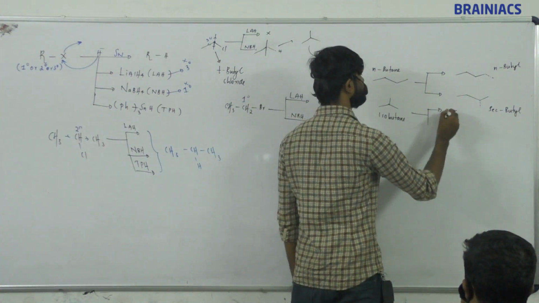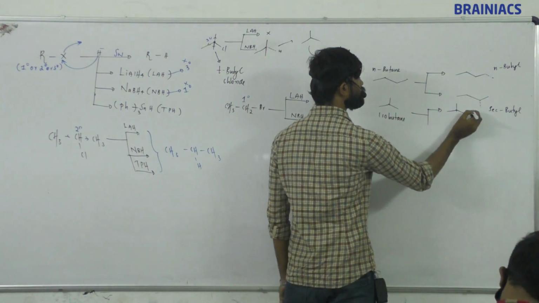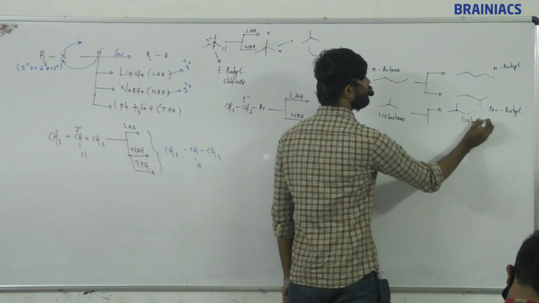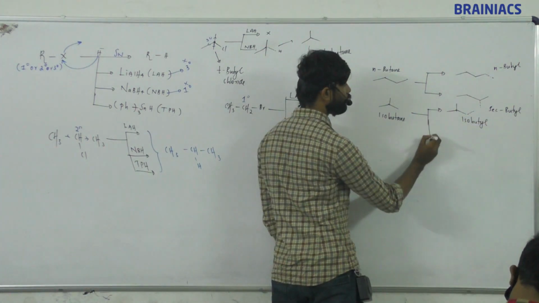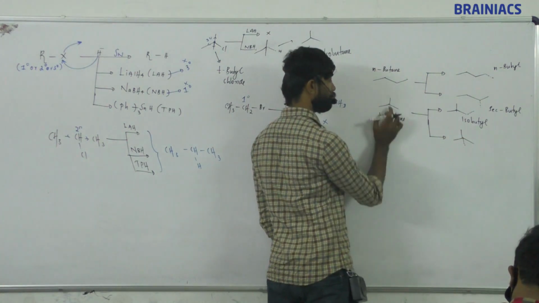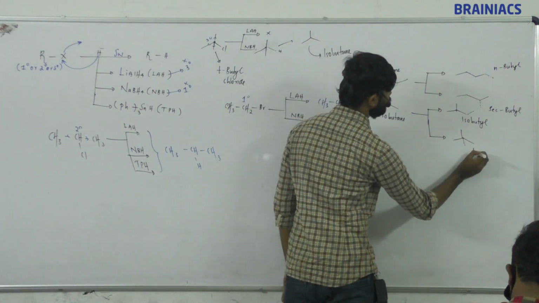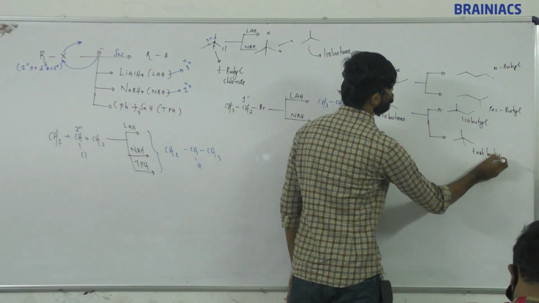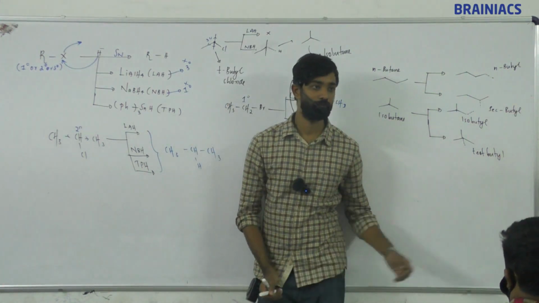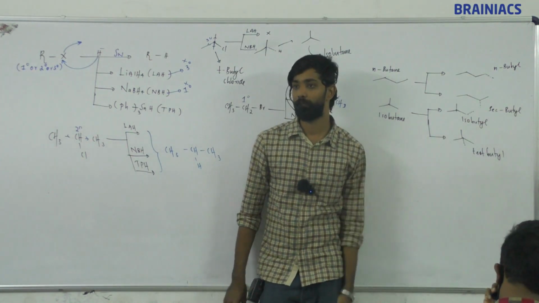One is from the end, and you obtain isobutyl. Or one is from this junction, and you obtain tertiary butyl. So there are actually 4 alkyl groups, but on supplying hydrogen they become 2 alkanes.